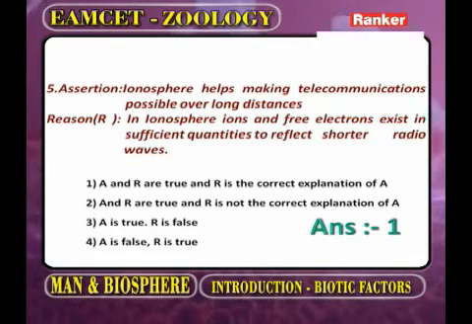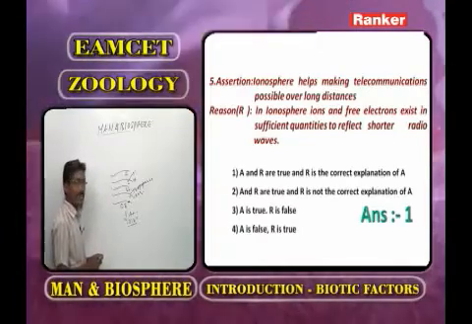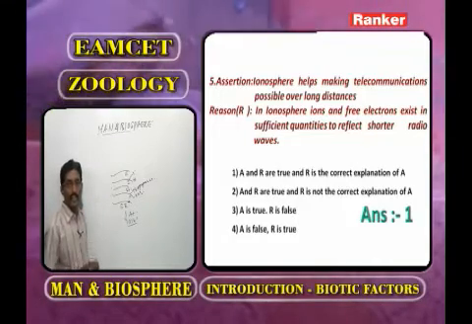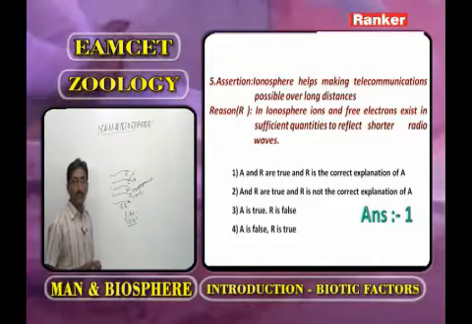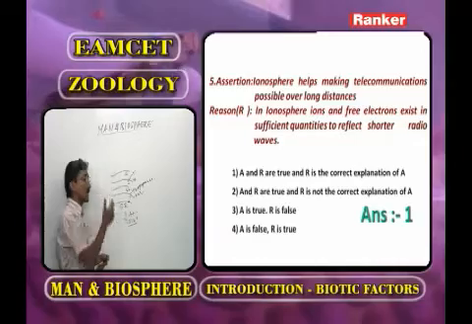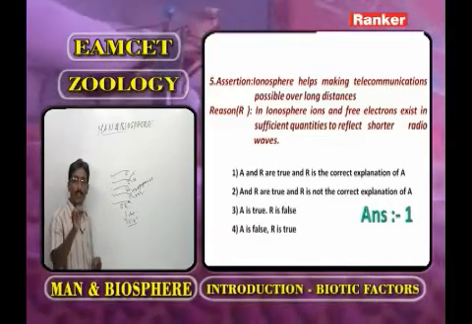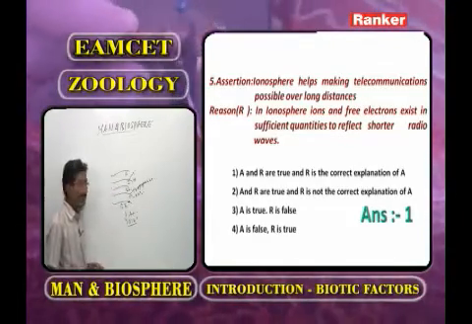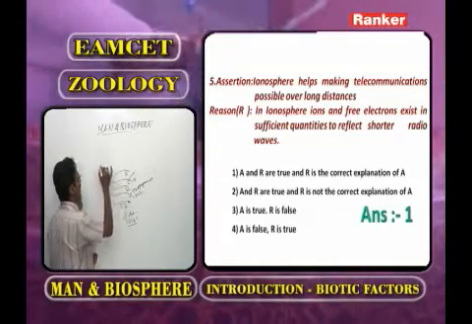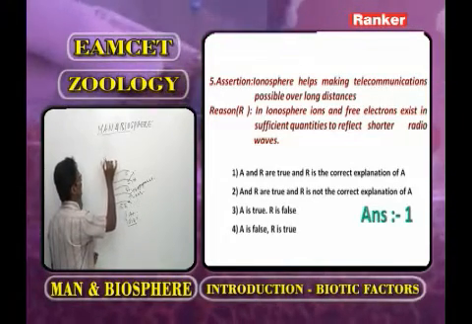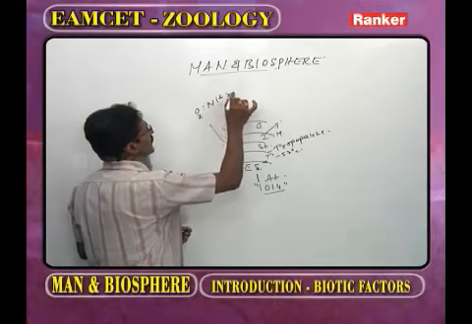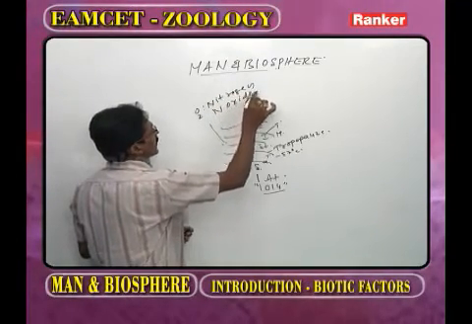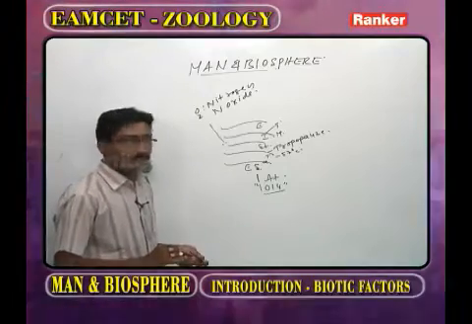The third layer of the atmosphere is the ionosphere. At equator as well as at poles, what is its thickness? Near about 500 kilometers. In the ionosphere, the oxygen, nitrogen and nitric oxide are all in the ionic state.